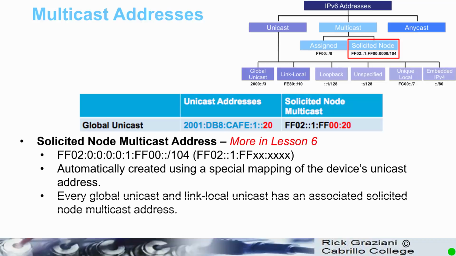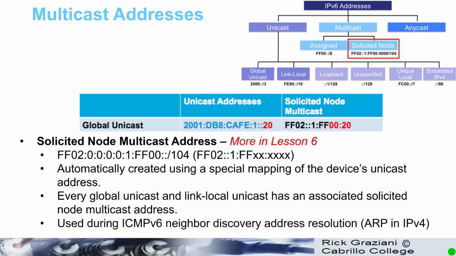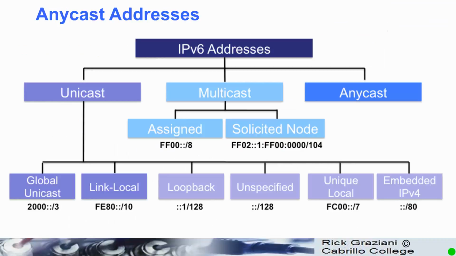Every global unicast and link local unicast has the associated solicited node's multicast address. It's used during the ICMP version 6 neighbor discovery, very similar to ARP in IP version 4. We're going to talk a lot more about this in lesson 6.